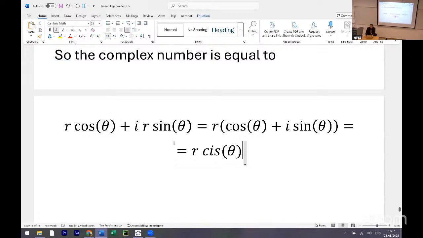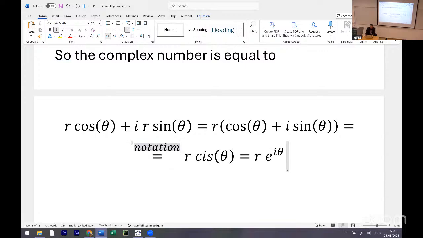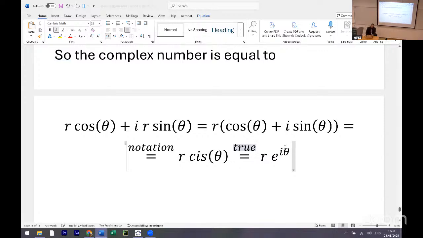And maybe I'm not sure if you're familiar or not, it's actually equal to e to the power of i theta. So this is just a notation. This is actually a mathematical truth, but we won't cover it in our courses, just for your general knowledge.